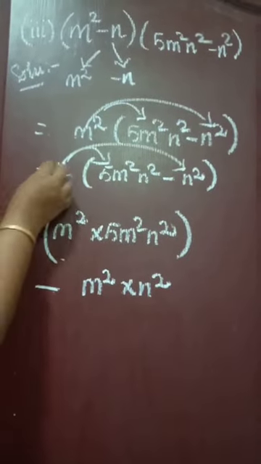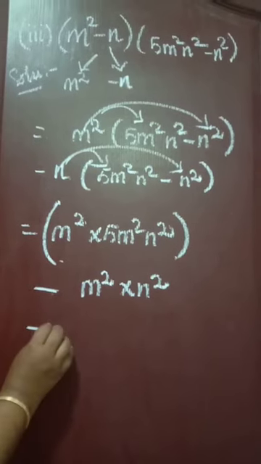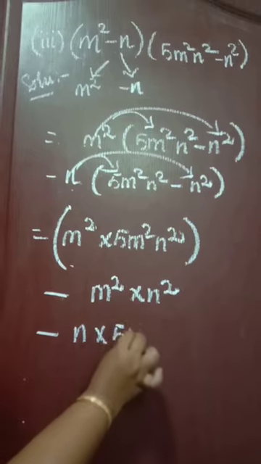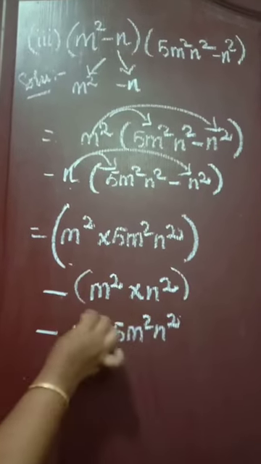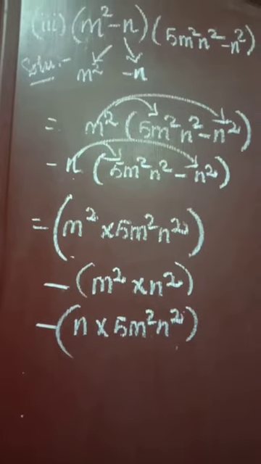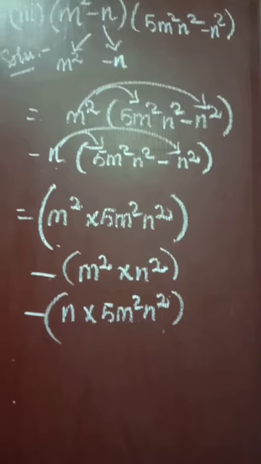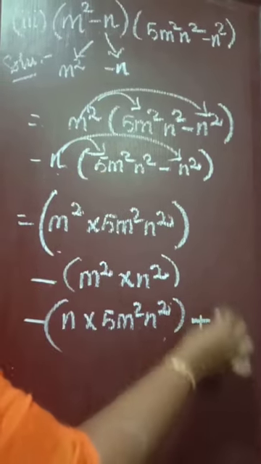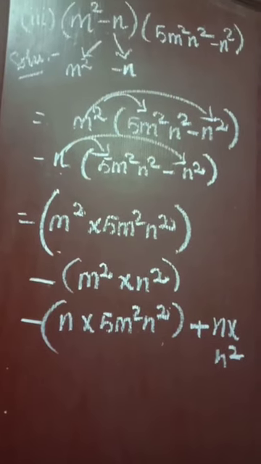Listen, minus into plus, what is the answer? Minus. Into plus minus, so n into 5m square n square. This is the second term, this is the third term. The last term, minus into minus, what is the answer? Yes, plus. So n into n square.